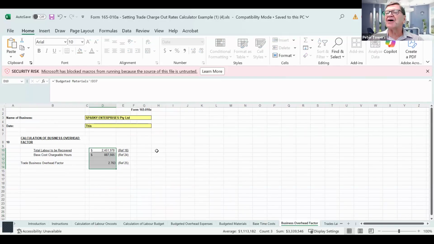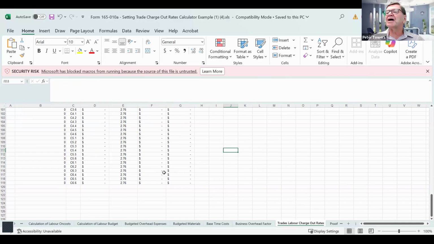We then go to the business overhead cost. The total labour to be recovered in charge out rates is 2.51 million. The base cost chargeable hours, that the calculation we just determined, worked out at $887,000. So the total business overhead factor is 2.763. So we multiply that by the base cost chargeable hours, that gives us the labour that's got to be recovered.